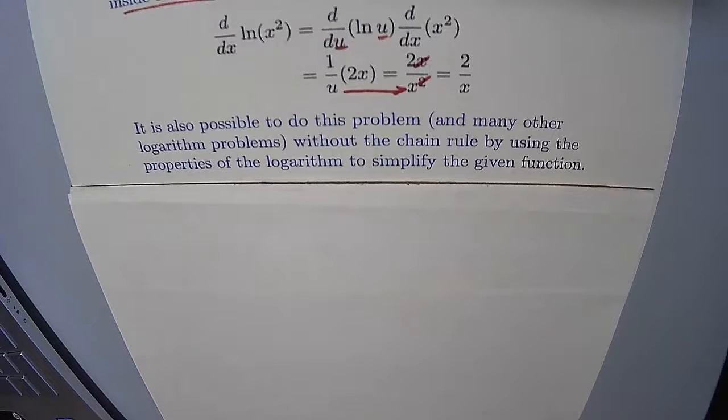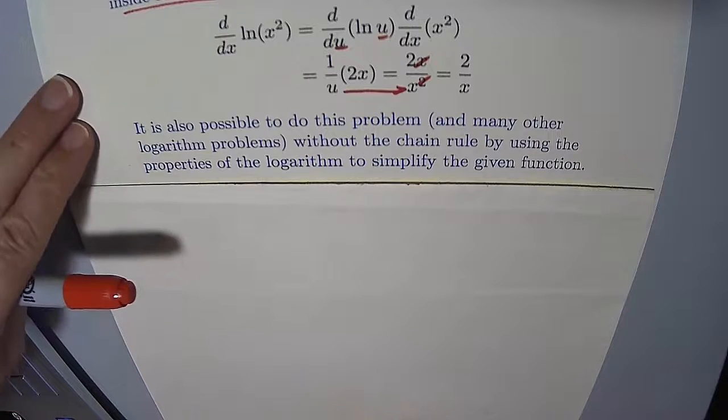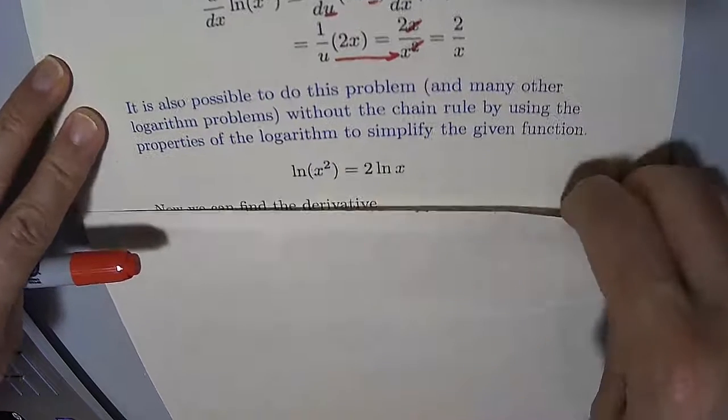There's one more thing I need to say here, that in problems involving the natural logarithm, sometimes it's easier to do these problems by doing a little bit of simplification at the beginning. And in this particular case, we could actually avoid using the chain rule.